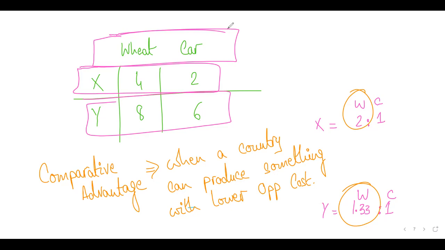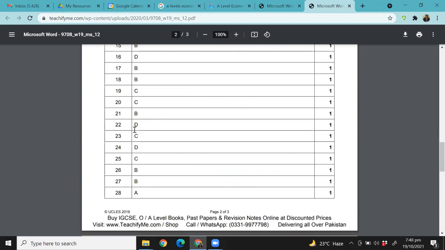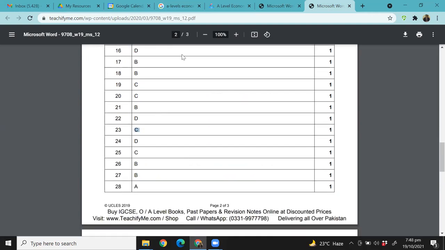So absolute advantage is clear. Let's look at the answer first. I think it should be C. Why is there comparative advantage in wheat production? Opportunity cost is not the same between countries. So 23 is C.